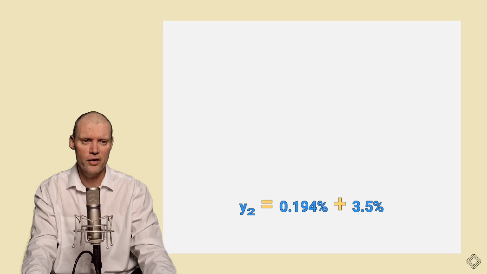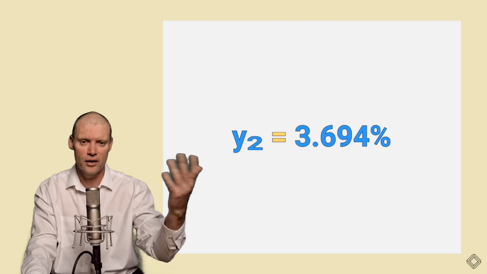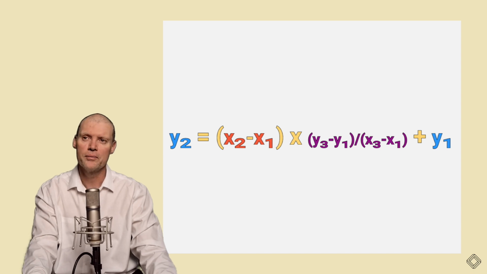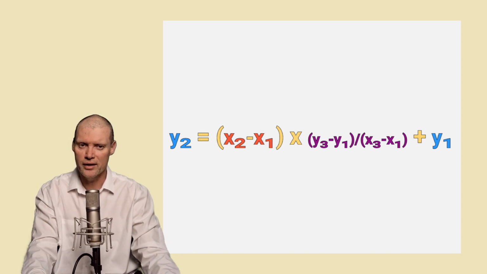And we added 3.5% to that, and that will give us a final answer of 3.694%. We could have done a lot of those simplifying steps in one step as well. But there you have it. There's a general formula to solve for linear equations where we're dealing with interest rates. And this is how we apply linear interpolation.